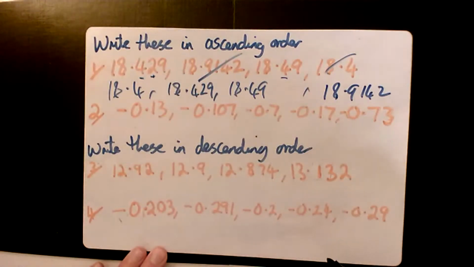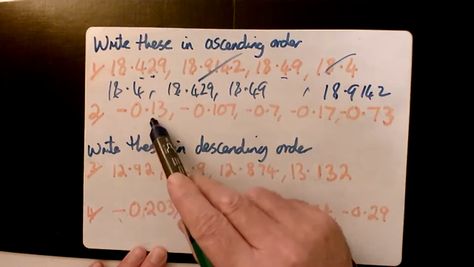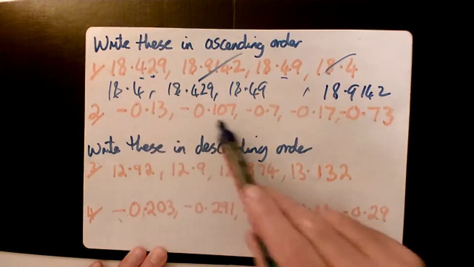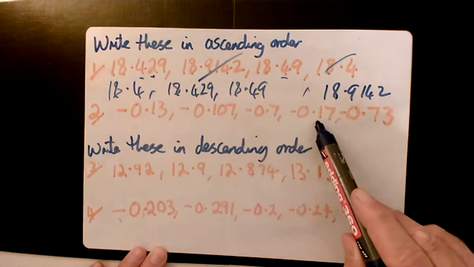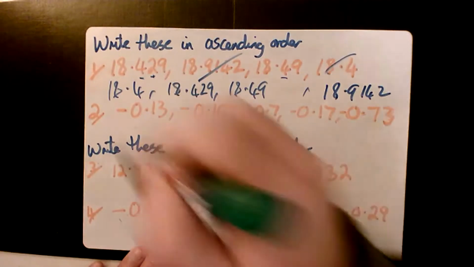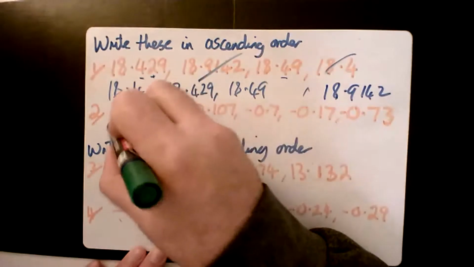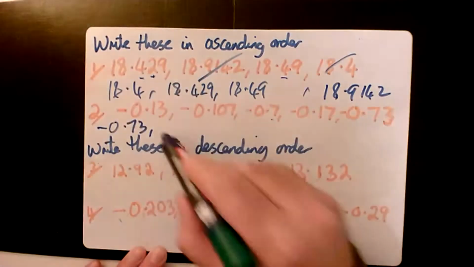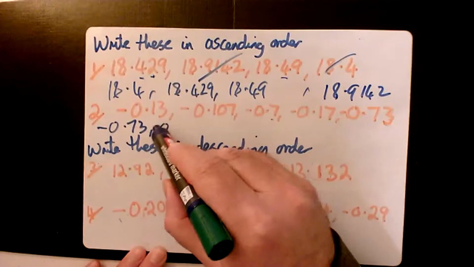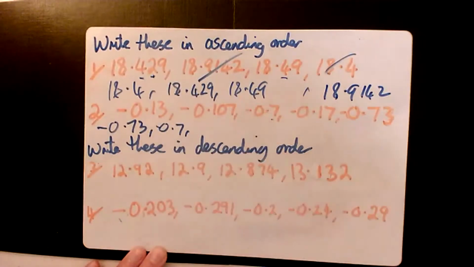And then ascending, I'm finding the smallest here. So remember, the smallest is going to be the number which is the furthest away from 0. So 0.1 is going to be close by 1. 0.7, that's quite a long way away. So this is going to be the smallest number, -0.73, sorry, minus. Then it's going to be the minus 0.7.